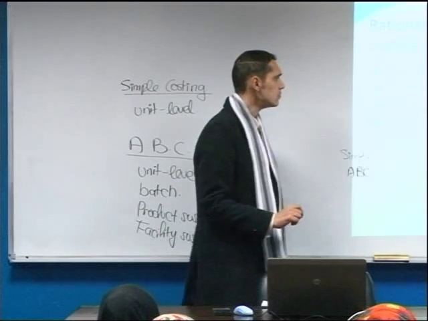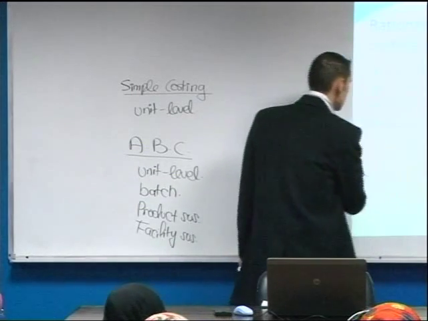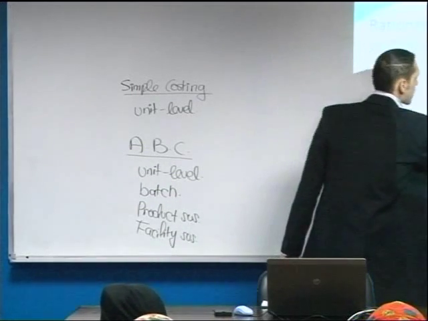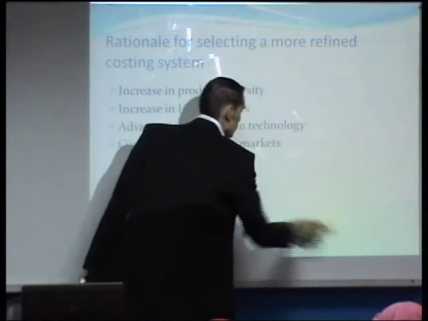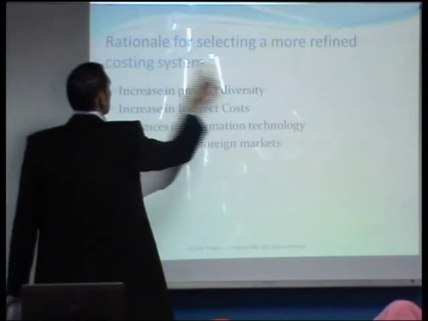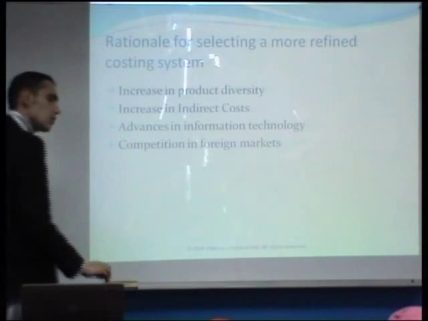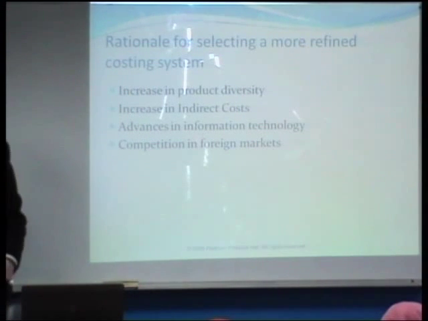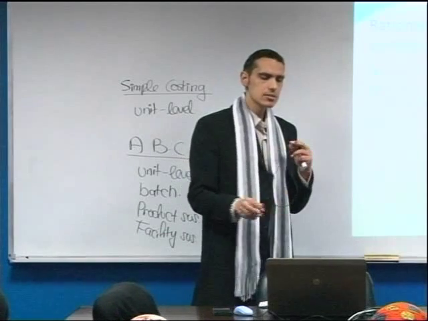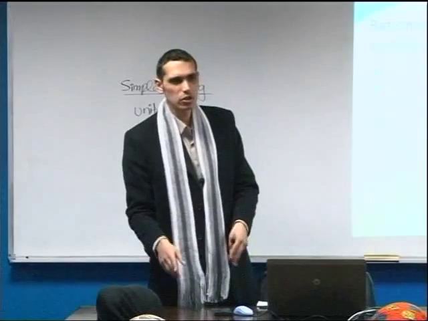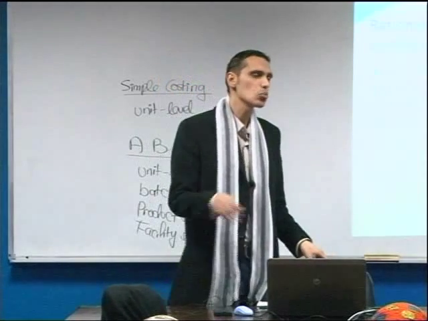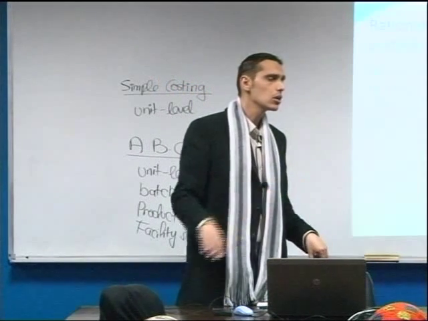So, now, when do you think an organization needs to refine its costing system? Of course, we said the use of activity-based costing is one of the tools to refine the costing system.